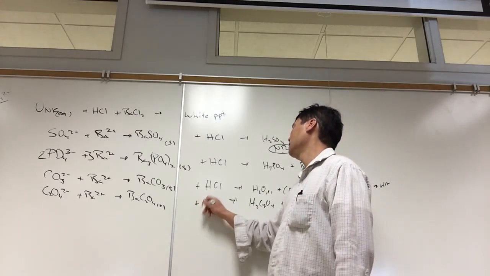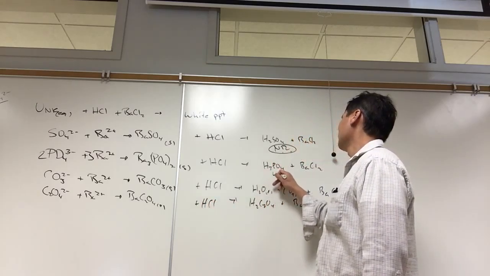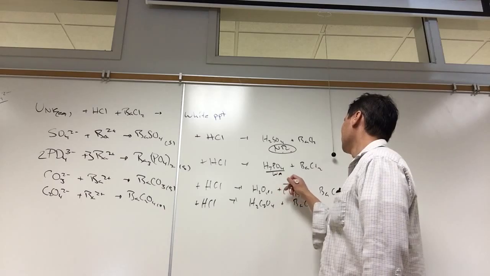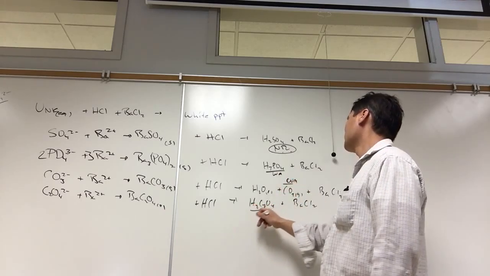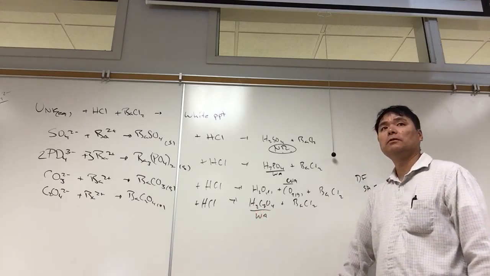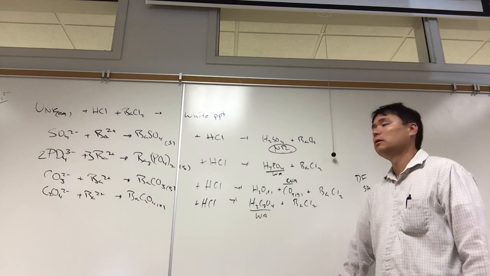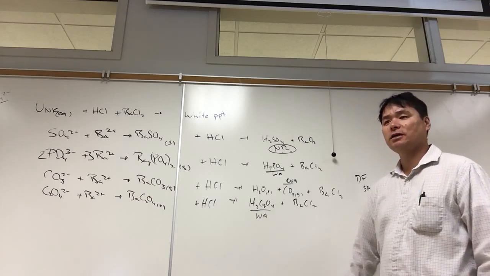HCl being the stronger acid, and these being the weaker acid. CO2 is the weaker acid, and oxalic acid is the weaker acid. Okay? So this would be positive for sulfate. All right, what's next?